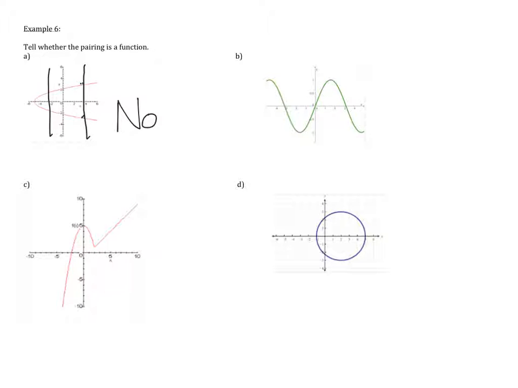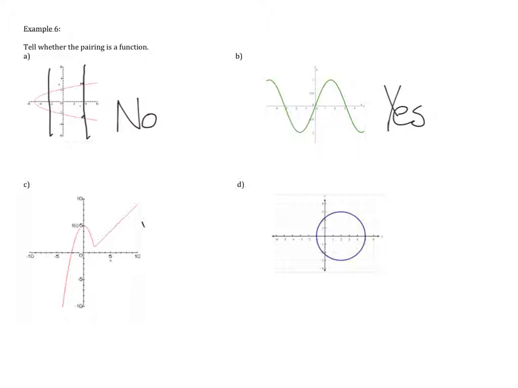Part B, if I took vertical lines and passed them through each part of the graph, you can see that each vertical line would only pass through the graph in one spot. So part B would be a function. If you look at part C and we take vertical lines, passing it through, each vertical line would only hit the graph in one spot.